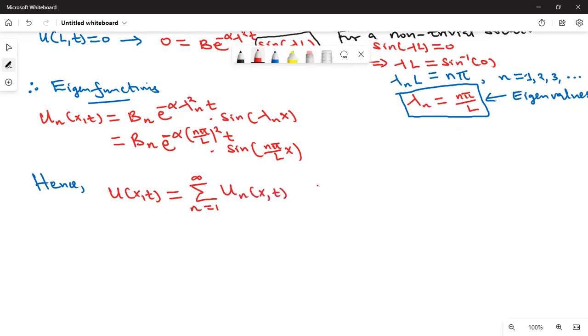When you add all the eigenfunctions, you get your solution, which is u of x,t. So this one here is called the principle of superposition.